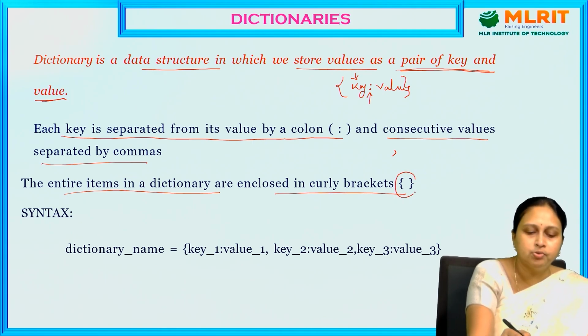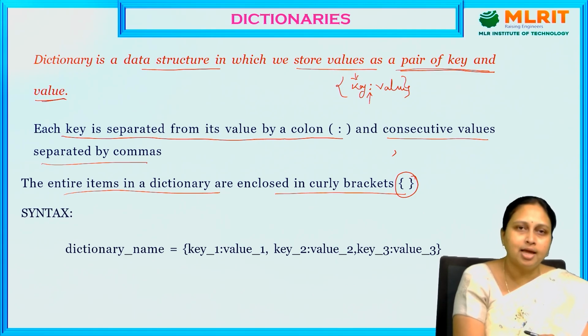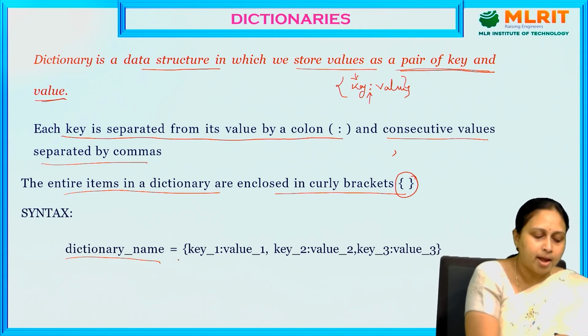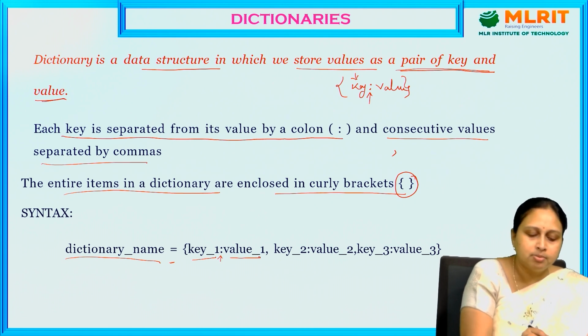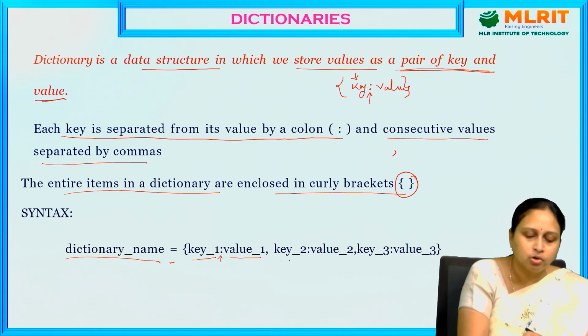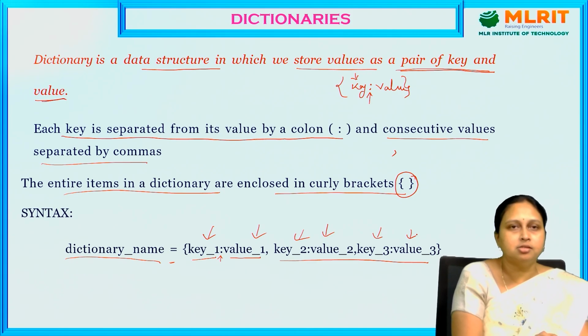The syntax uses a variable assigned with key 1 followed by a colon and value 1. In a similar way, however many consecutive pairs you want to pass can be specified in the dictionary. Here we are specifying 3 keys as well as 3 values. This is how we write the syntax for a dictionary.